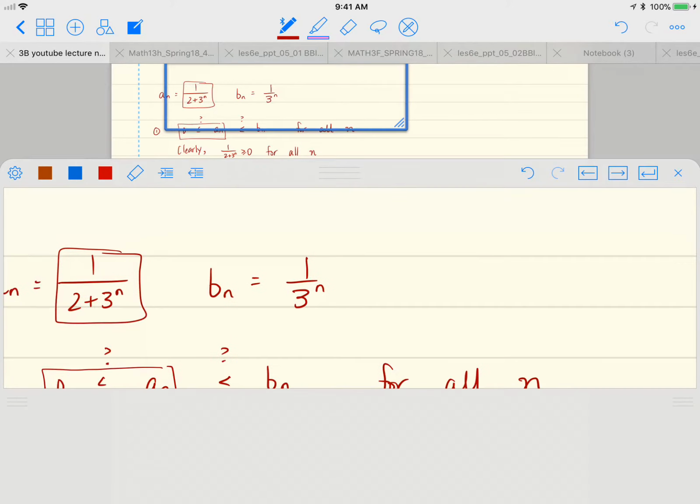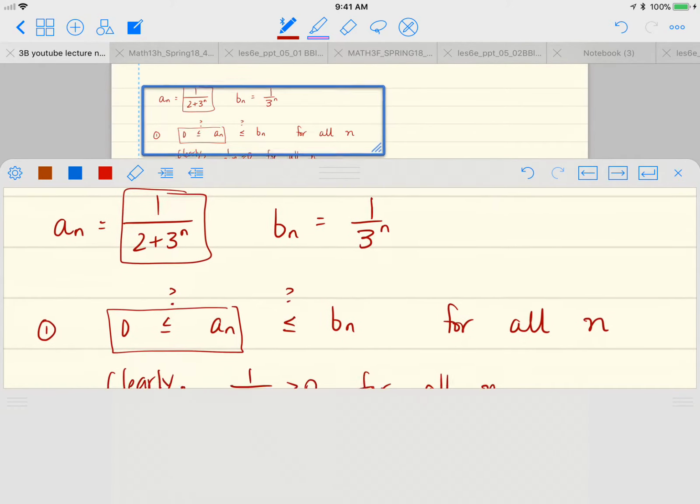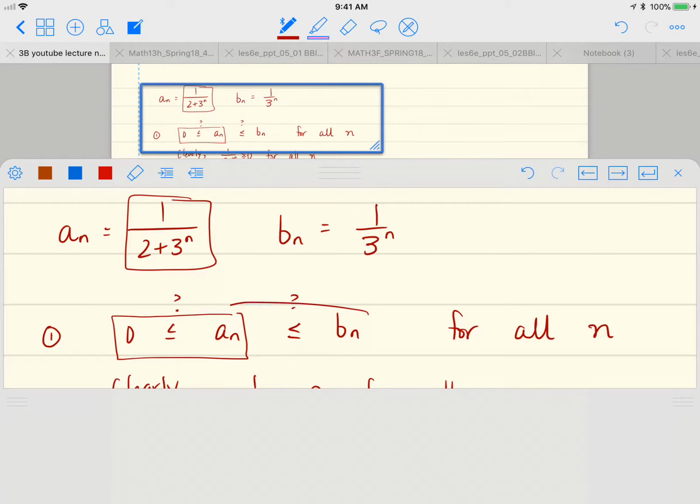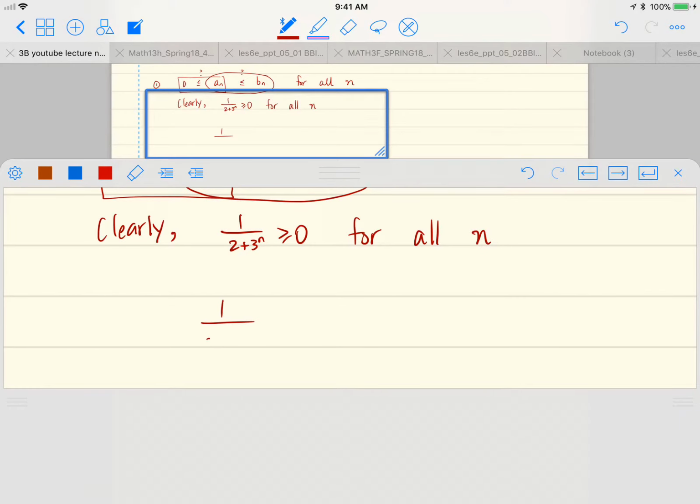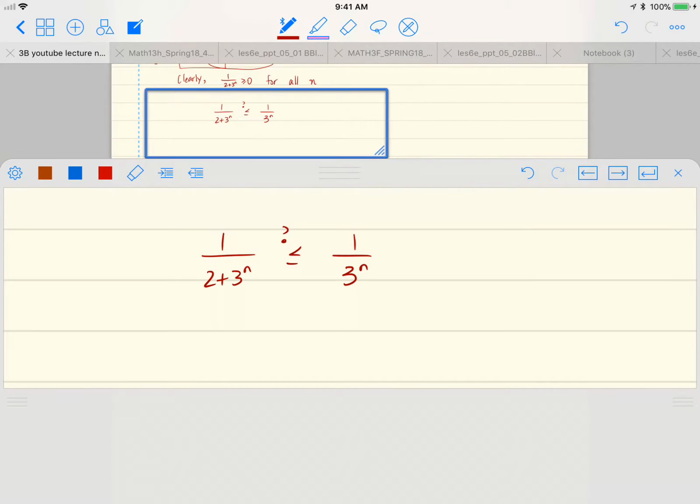And now what about b sub n? Is b sub n greater than or equal to a sub n? This is the second inequality that we need to verify. Well, we need to check, is 1 over 2 plus 3 to the n less than or equal to 1 over 3 to the n? Because we're dealing with fractions that are positive, we can cross multiply.